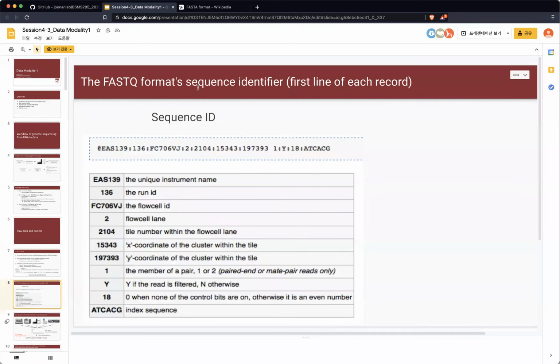Okay, so it contains several items, and is delimited by colon, right? So delimited is another important terminology commonly used in the computational field and also bioinformatics.